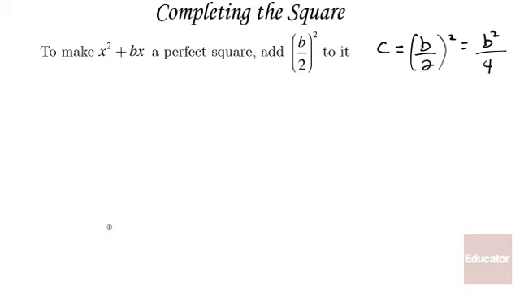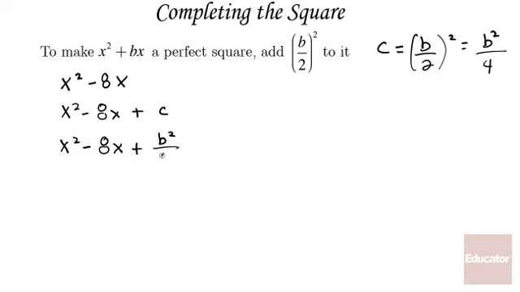So, for example, let's say I'm given x squared minus 8x. Similar to the last, but that was already a perfect square. So I'm just given this portion, and I want to complete the square. In order to complete the square, I need a constant term. And I know that in a perfect square trinomial, the constant is going to equal b squared over 4. Here a equals 1, b equals negative 8.